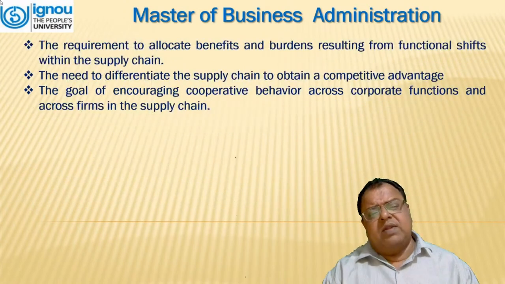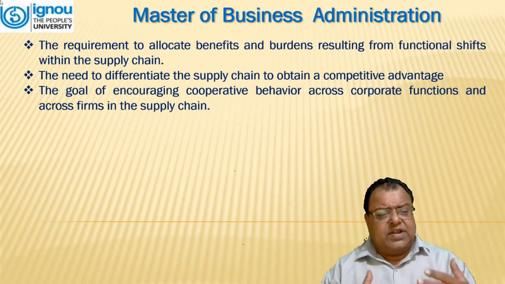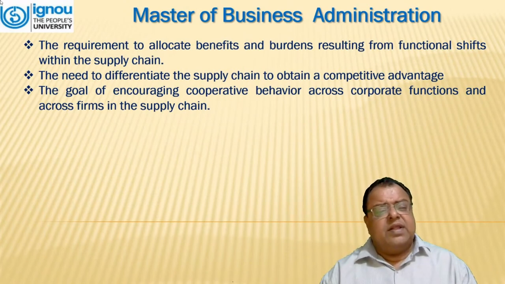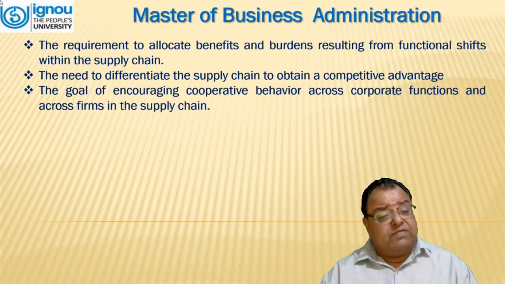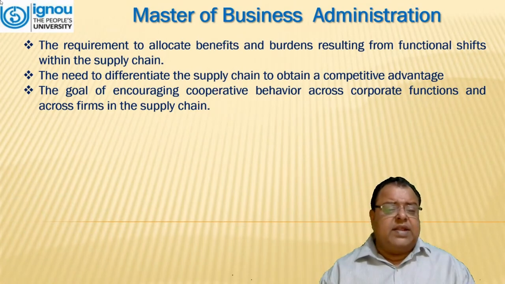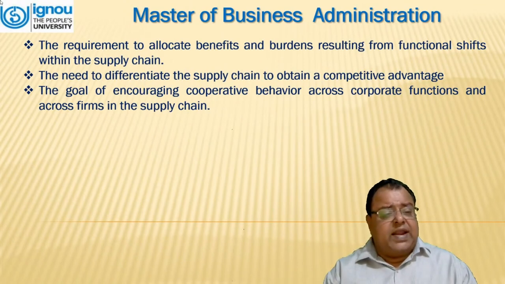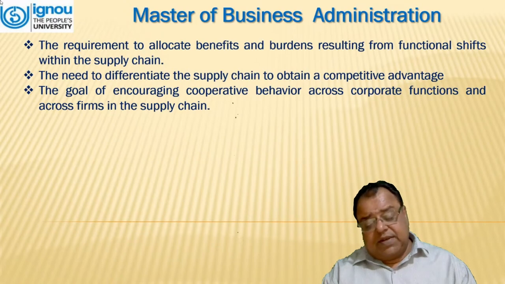The requirement to allocate benefits and burdens resulting from functional shifts within the supply chain, and the need to differentiate the supply chain to obtain a competitive advantage. And lastly, the goal of encouraging cooperative behavior among corporate functions and across firms in the supply chain.